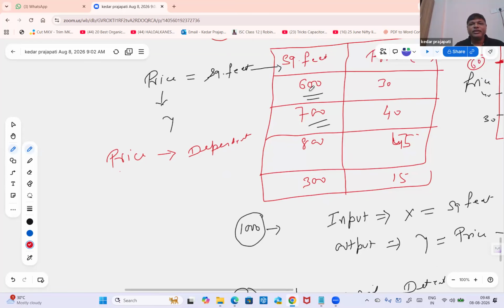The square feet can be anything. I can take 100 square feet also. So this 100 is not dependent. You can take any arbitrary value here. So your area or square feet is independent. It does not depend on anything.